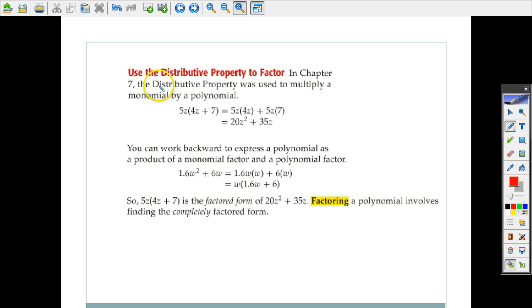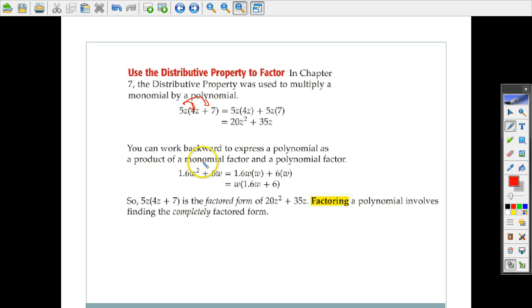Okay. Use the distributive property to factor. So in Chapter 7, the distributive property was used to multiply a monomial by a polynomial. As you can see here, we've done this in Chapter 7, where you just multiply the 5z with 4z plus, and then you multiply by 7. You can work backwards to express a polynomial as a product of a monomial factor and a polynomial factor.